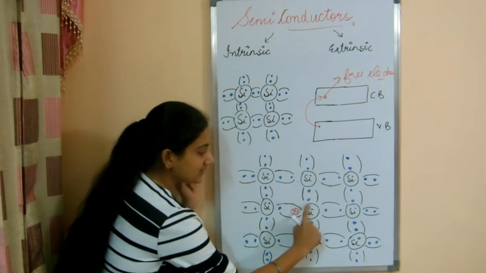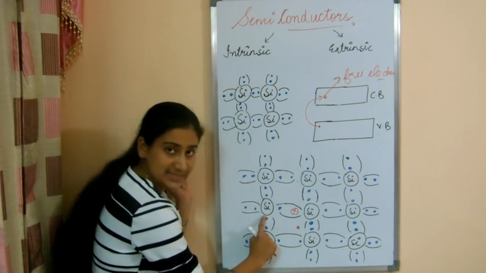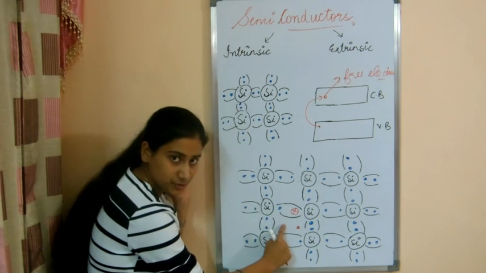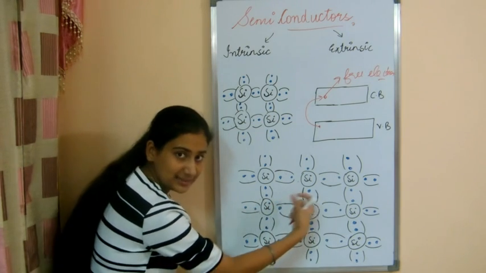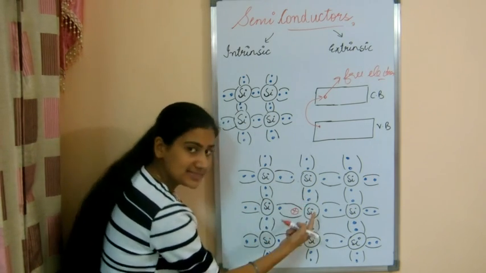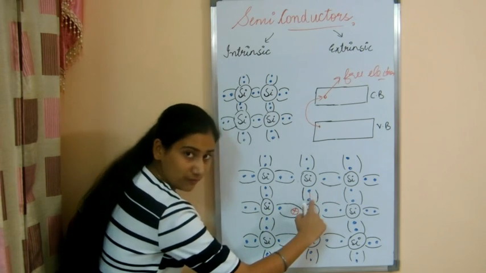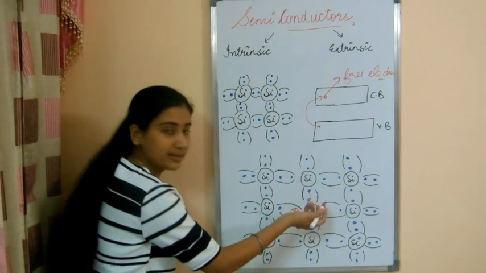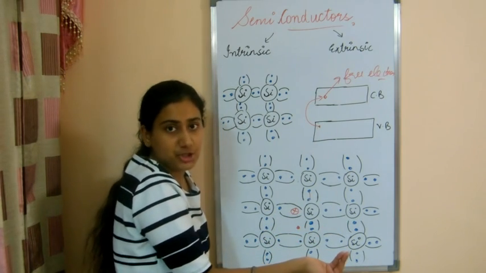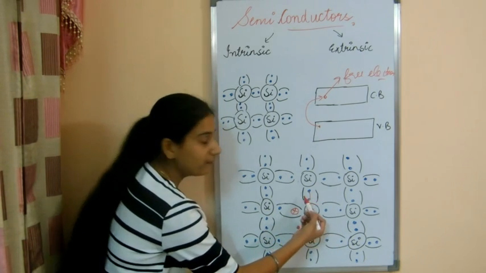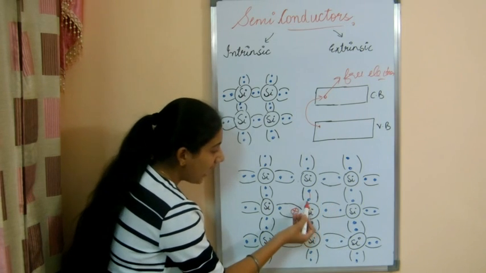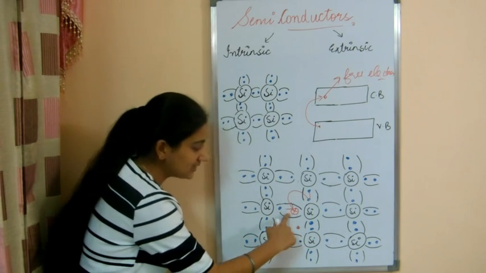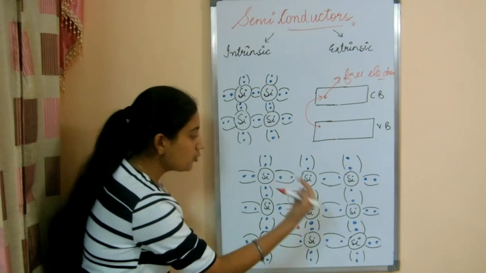So if we see that this is the neighboring atom of this atom which can acquire 1 electron, it will attract an electron from it, and this electron will break its covalent bond because it is at room temperature, thermal agitation is going on. This electron will break its covalent bond and will come here to fill this hole. So what happens?